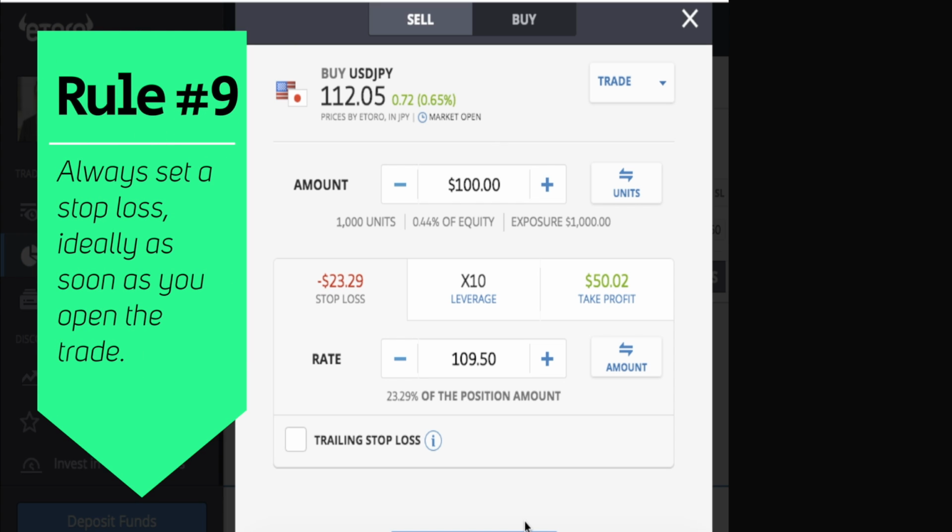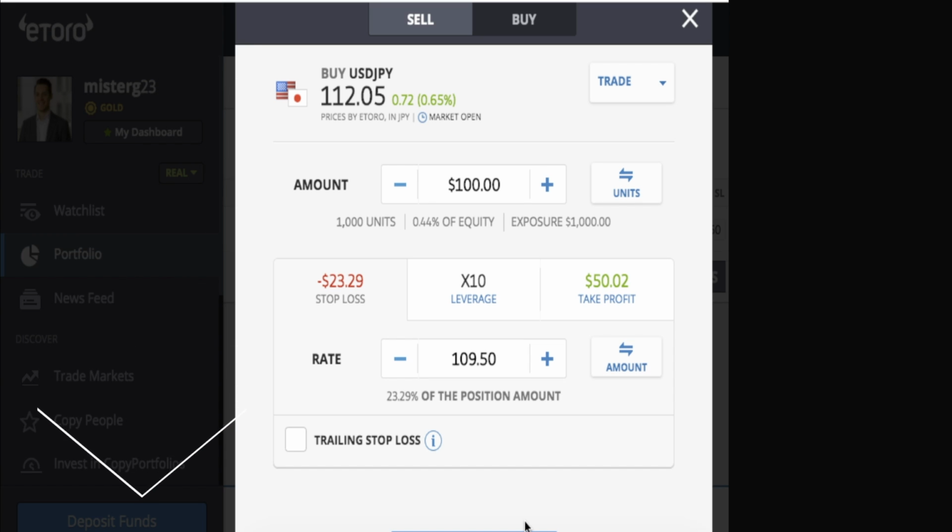Finally, this may be an obvious remark, but do remember to always set a stop loss when you're trading. The higher your leverage, the more relevant this rule is. If you don't set a stop loss, you might end up losing a lot more than you had planned or than you had wanted.